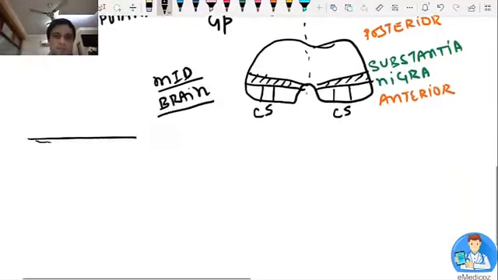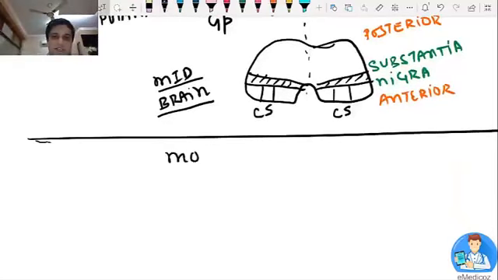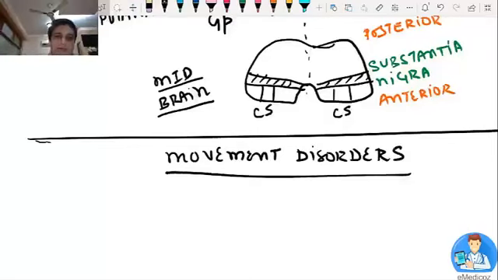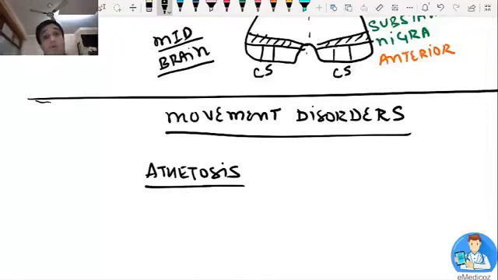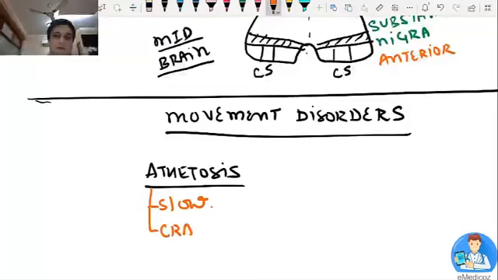What are the movement disorders that we classically see in a basal ganglia lesion? Movement disorders, right? The very first movement disorder is athetosis. Now, to define athetosis in very simple language, it is defined as a slow crawling movement.